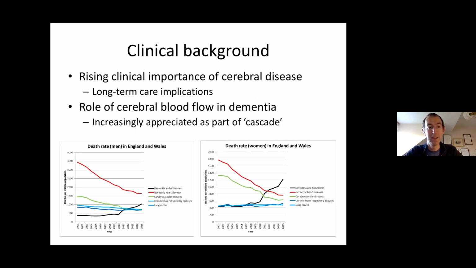At the bottom here, I just put some simple statistics looking at the death rates in England and Wales, men on the left, women on the right. You can see how the big rise in dementia and Alzheimer's is a big societal problem. So trying to understand how cerebral blood flow goes through the brain and how it's monitored and how it's measured and how it's controlled are very important.